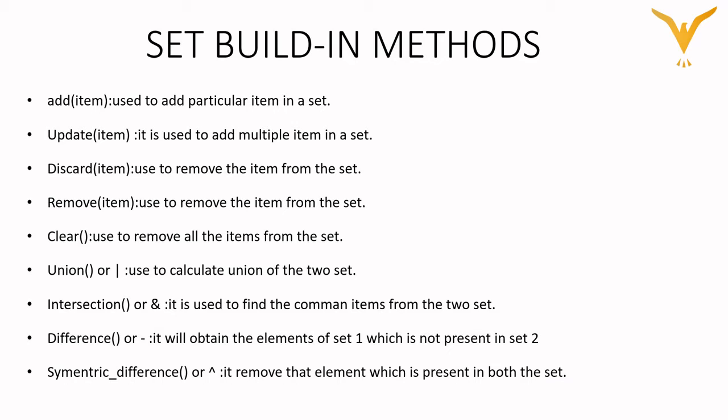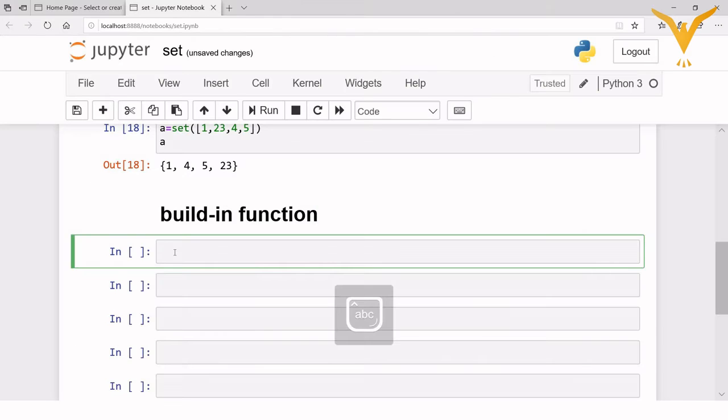Now let's see practically how to use these methods. First we will create the two sets, that is day equals to, we'll have here Monday, Tuesday, Wednesday, and then again Monday. Now we'll have Thursday.